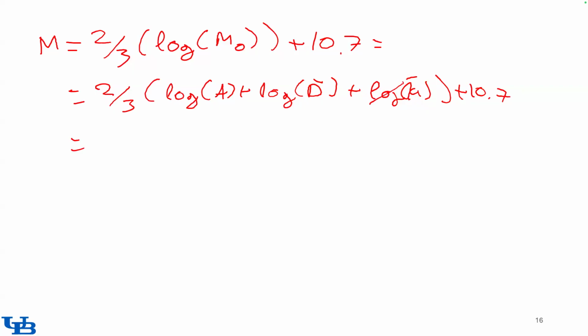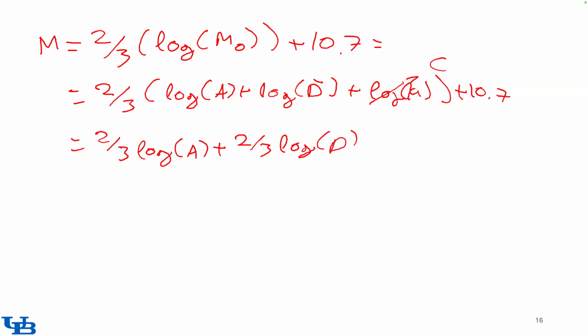If this is treated as a constant, we have 2/3 of log of A plus 2/3 of log of D average plus C is equal to the moment magnitude.